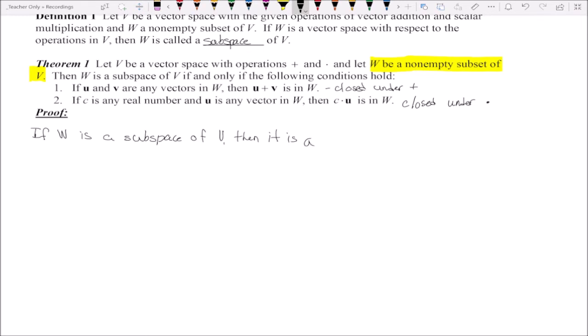It must be. Therefore, 1 and 2 automatically hold, right? They have to be satisfied because it's a vector space. 1 and 2 are two of the properties. So now we have to prove the other direction.